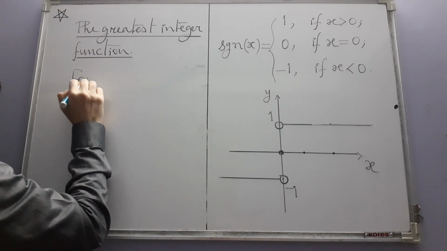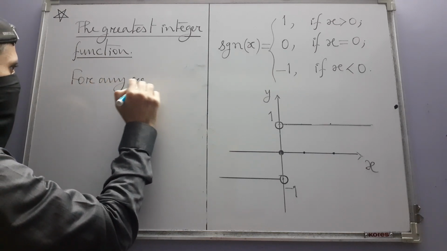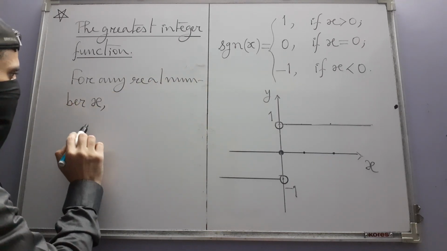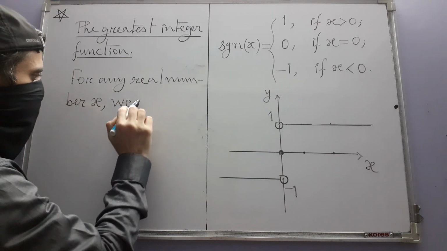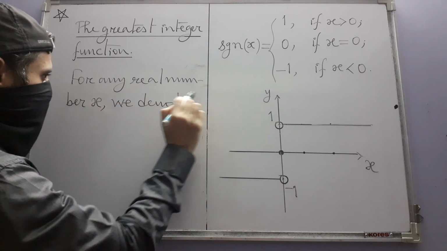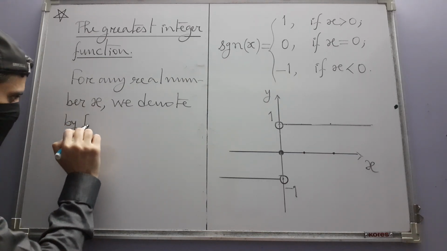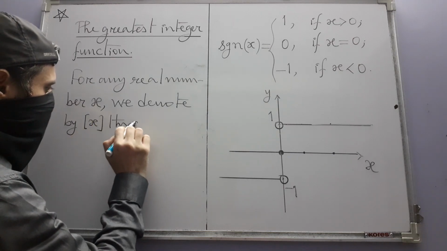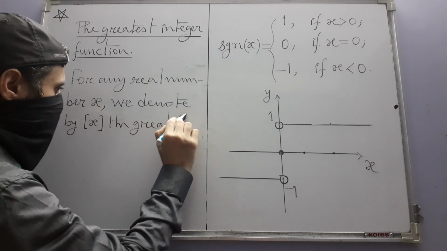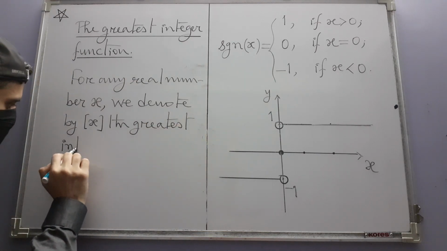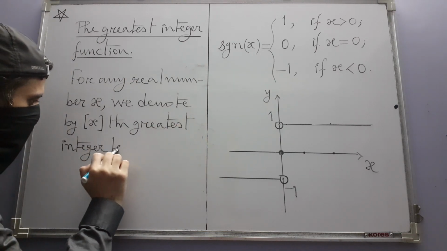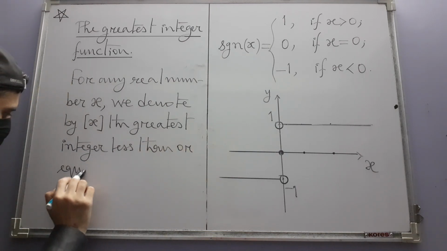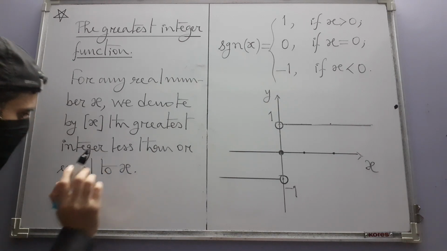For any real number x, we denote by this symbol, x within square brackets, the greatest integer less than or equal to x.